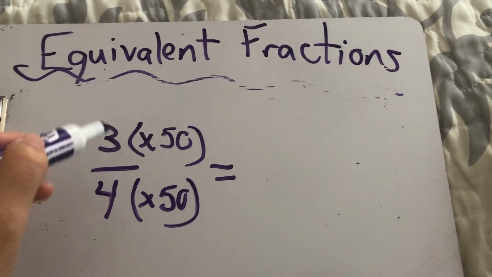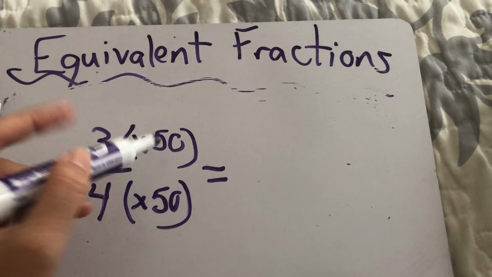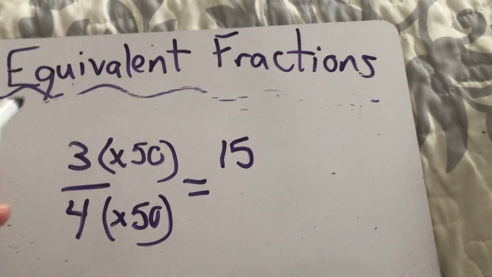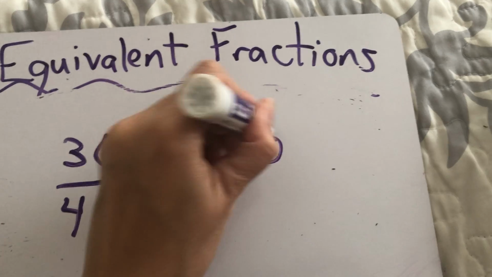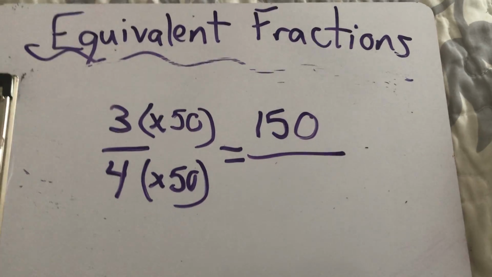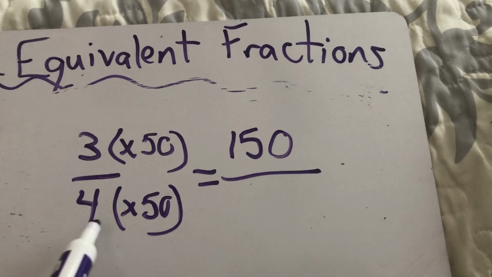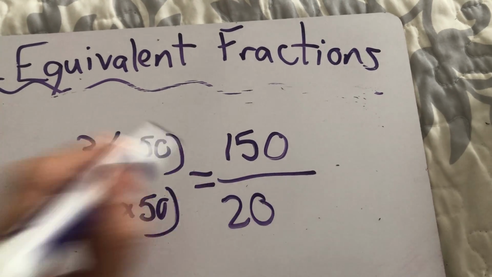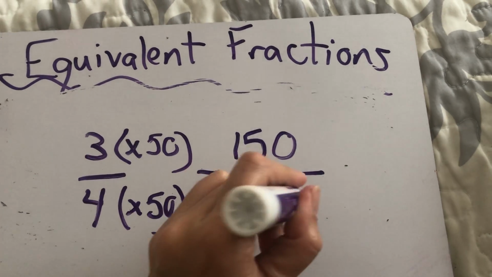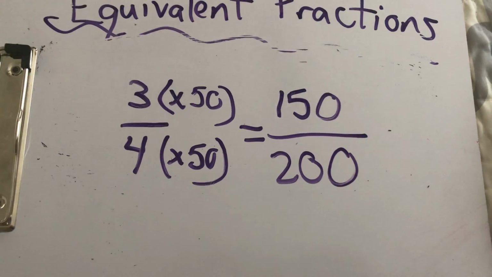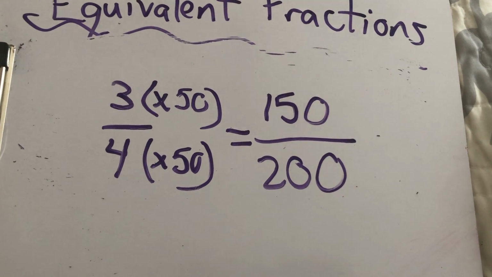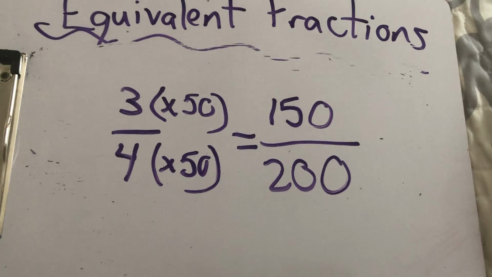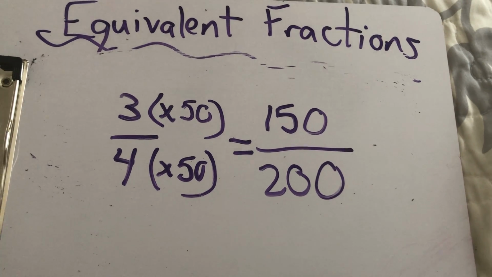So I'm going to use my zeros trick. 3 times 5 is 15, and then I'll go ahead and add my zeros. So 3 times 50 would be 150. Down here, my zeros trick again. 4 times 5 would be 20. And I have a 0 here, so I'll add that. That means that 3/4 is equivalent to 150/200.